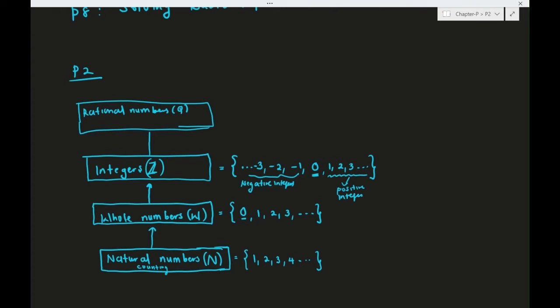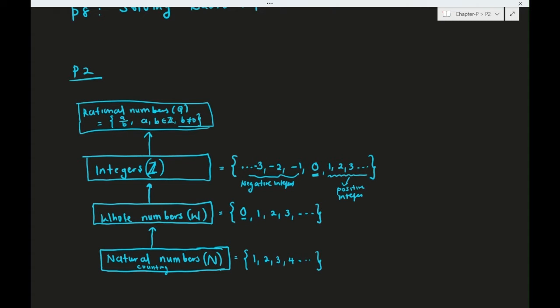Rational numbers are denoted by the letter Q. It's any number you can write in the form of A divided by B, I mean in the form of a fraction, where A and B are integers, and B must not be 0. So this is simply any number you can write in fraction form.